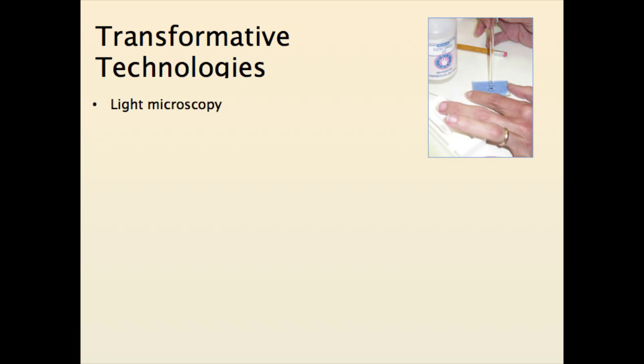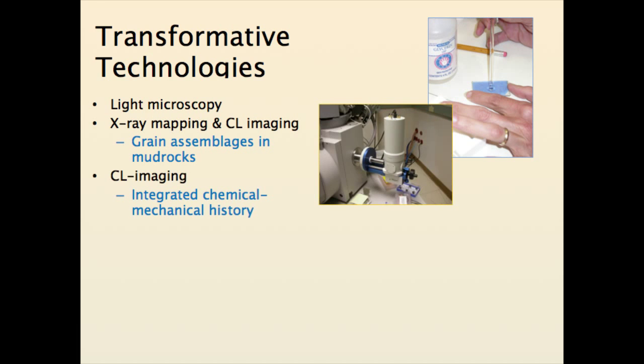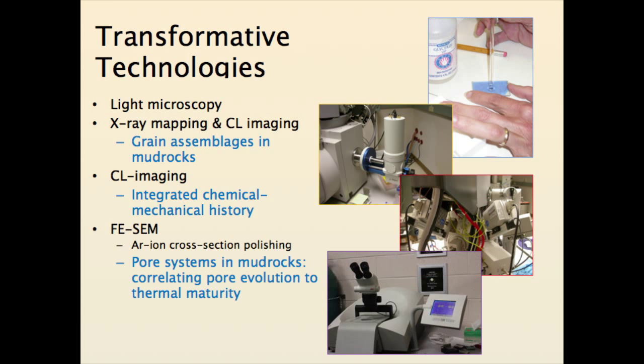So we have a lot of things in our toolkit, and every one of them gives us a different insight into some aspect of our geological system at the pore scale. With X-ray mapping, we have a route to understanding the grain assemblages. With CL imaging, we can understand the cementation.